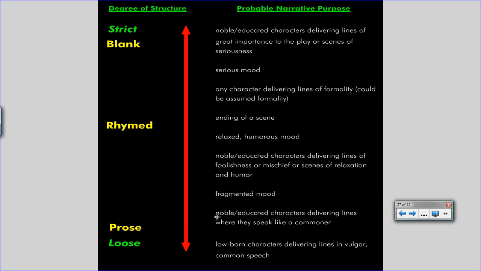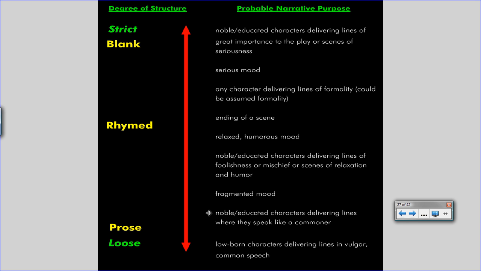If we drop down into prose, there are two very probable narrative purposes here. Is a noble or educated character delivering lines where they're speaking like a commoner? So imagine somebody who is very educated existing within a bar scene where they are speaking rather profanely, acting rather vulgar with everybody else there. Then they might speak in prose, but then they move into a more formal setting, a court, and they might speak in blank verse.